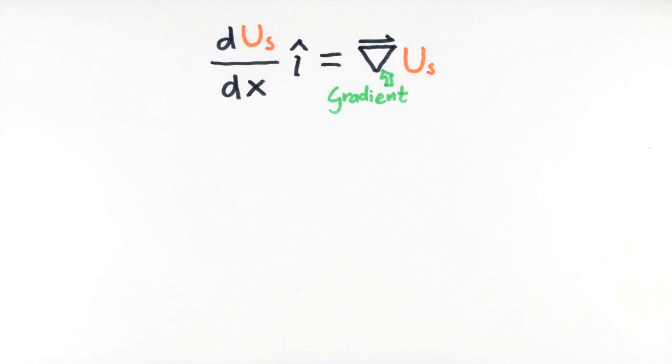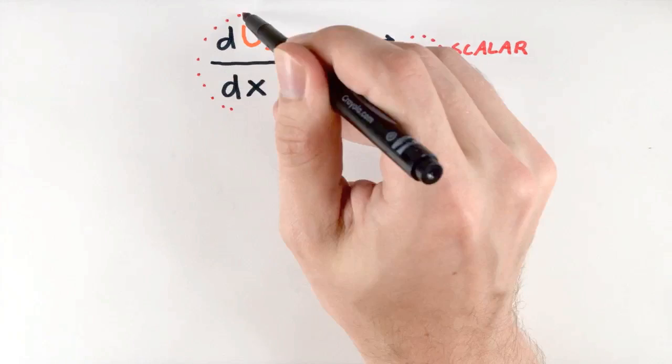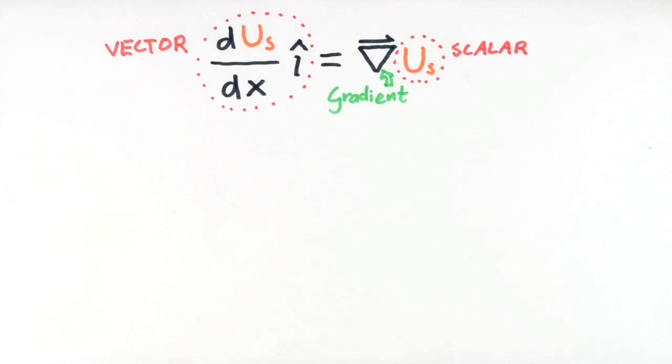Notice that even though we started with a scalar function, the spring potential energy, this operation is a vector operation because it produces a vector. Now by taking the negative gradient of a potential energy, we can find the corresponding force. This works generally for all potential energies.